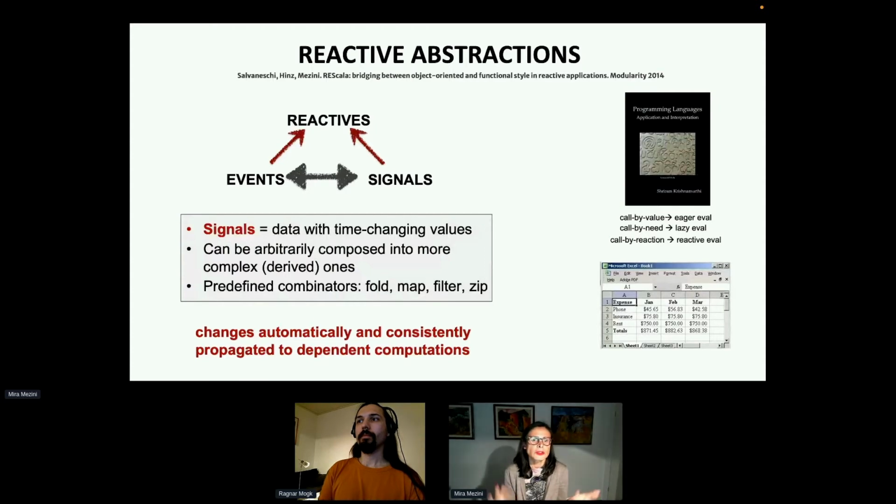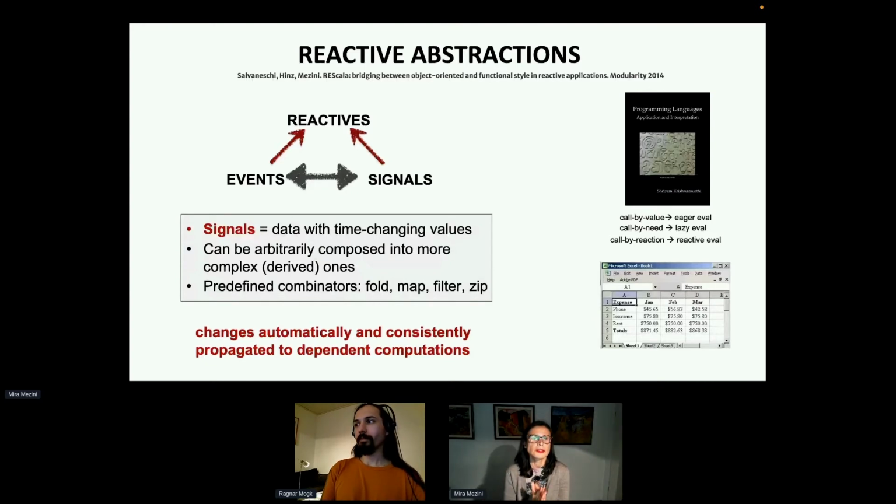For now, the take-home message from this slide is that the behavior of a REScala application resembles a little bit like spreadsheets. When you change a cell there, any other cell that depends on the value of that cell gets updated automatically. Or you can think of these signals as basically values or functions with a specific evaluation semantic.